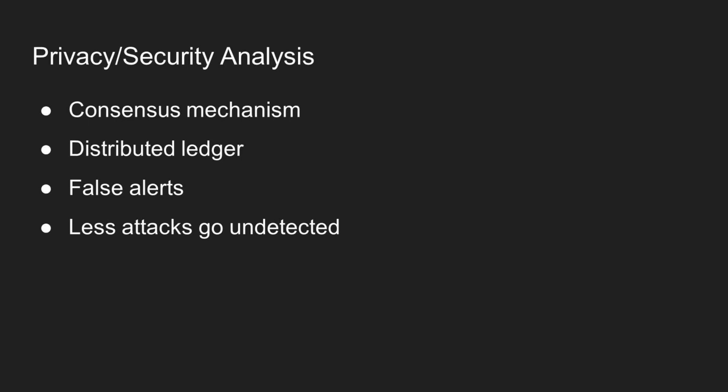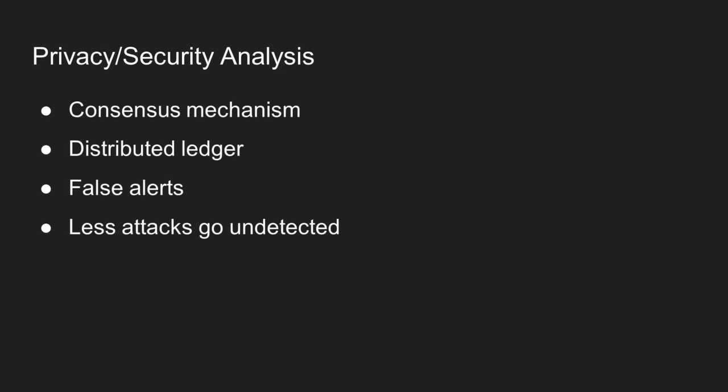And the distributed ledger, since it's immutable, no one can change the data in it. So both of these things keep data more private, maintain trust, maintain integrity, and keep the system overall more secure.